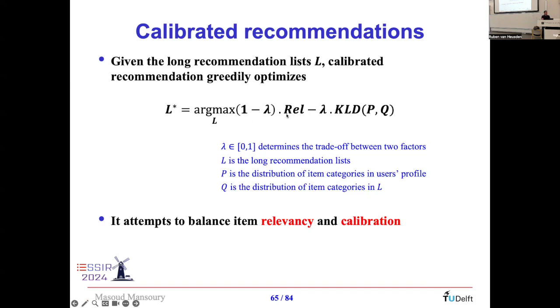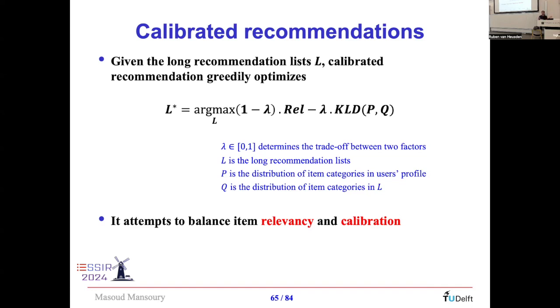For example, you have a relevance score for each item, and also you compute the KL divergence, or the distance between the list created so far and the user preference in the training set. So P is your training set, Q is the distribution of the item category in the recommendation list generated so far. So you have an empty list, and you just one by one add the items to the list.